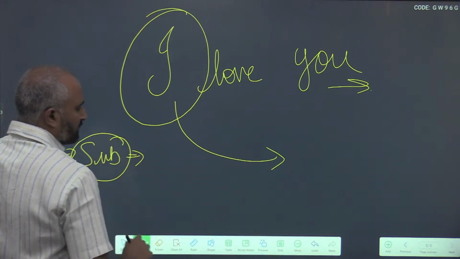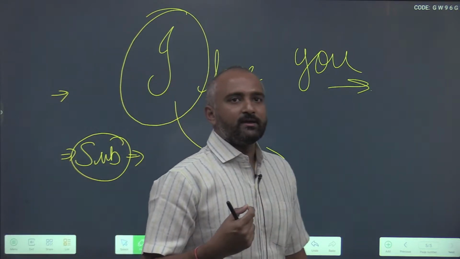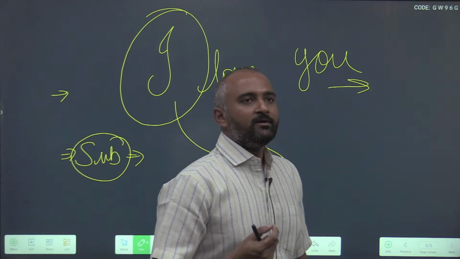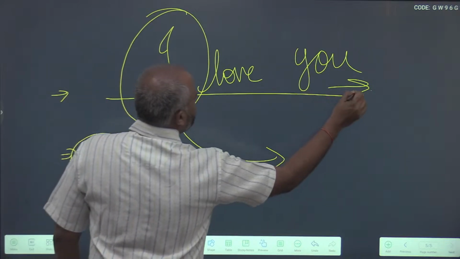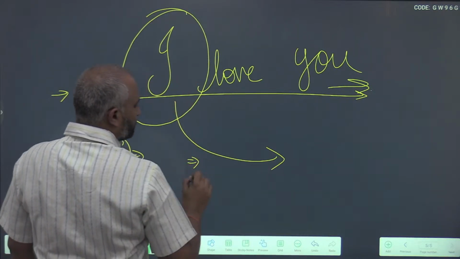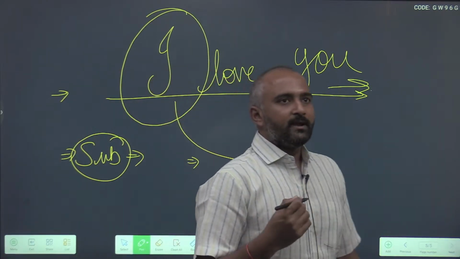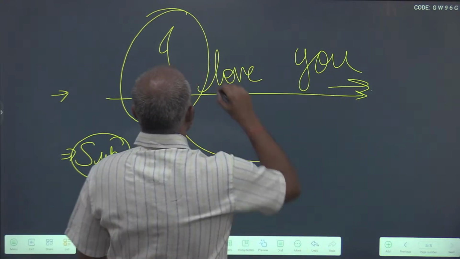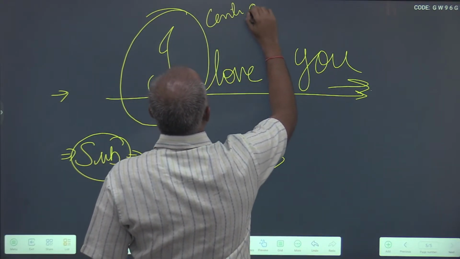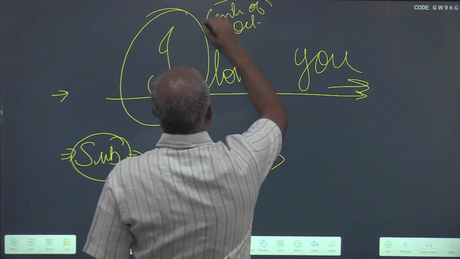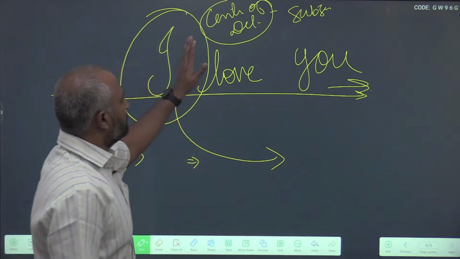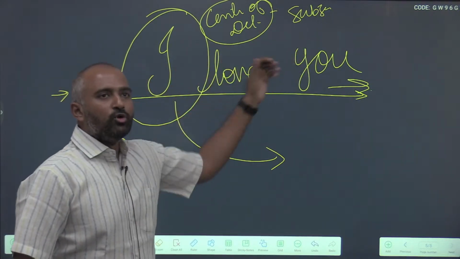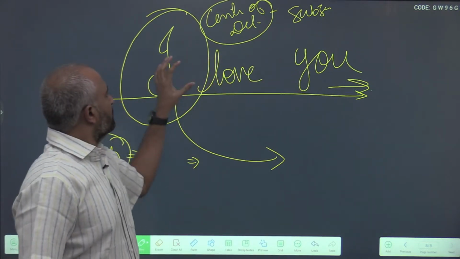So first we need to identify what the subject is. In any statement, who is the center of detail, that is nothing but the subject. For example, in the statement I love you, whom am I talking about?